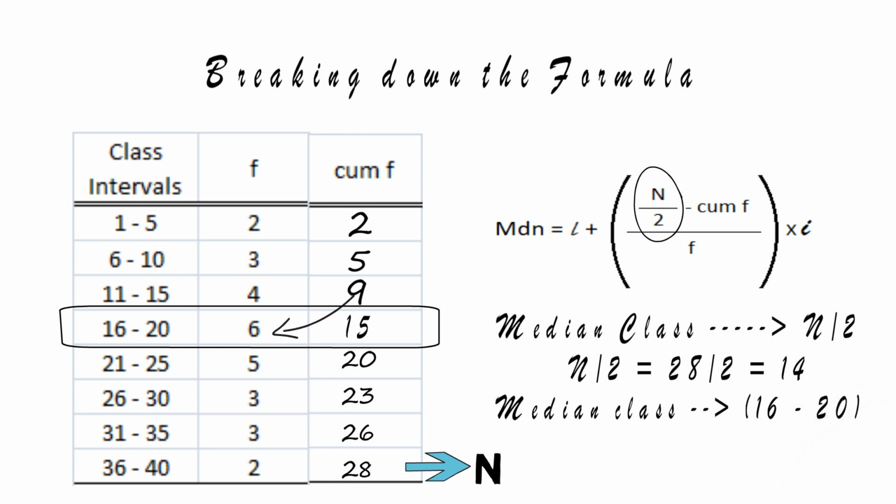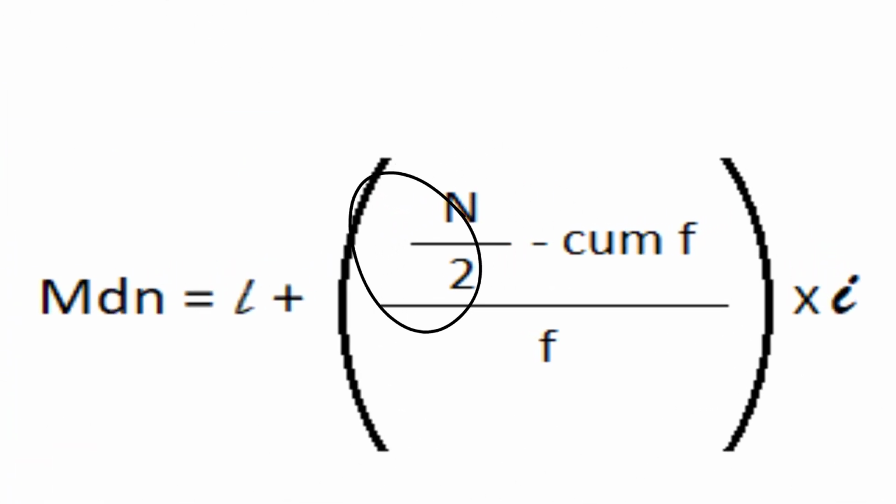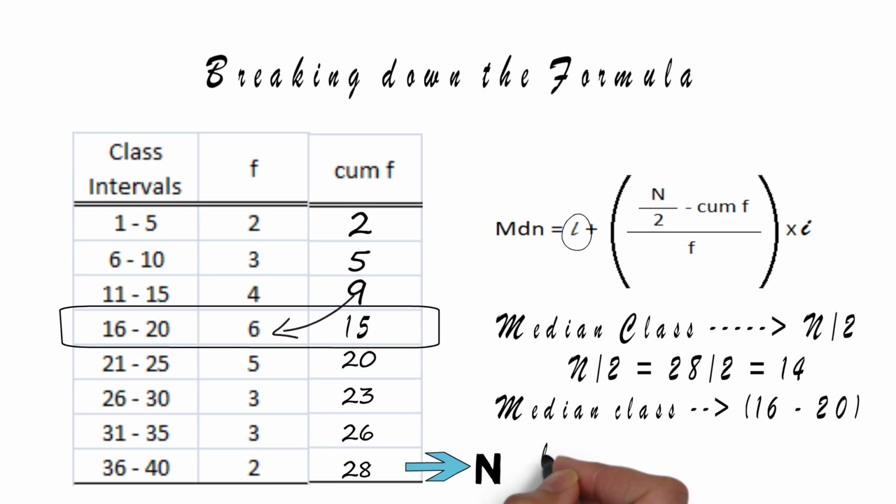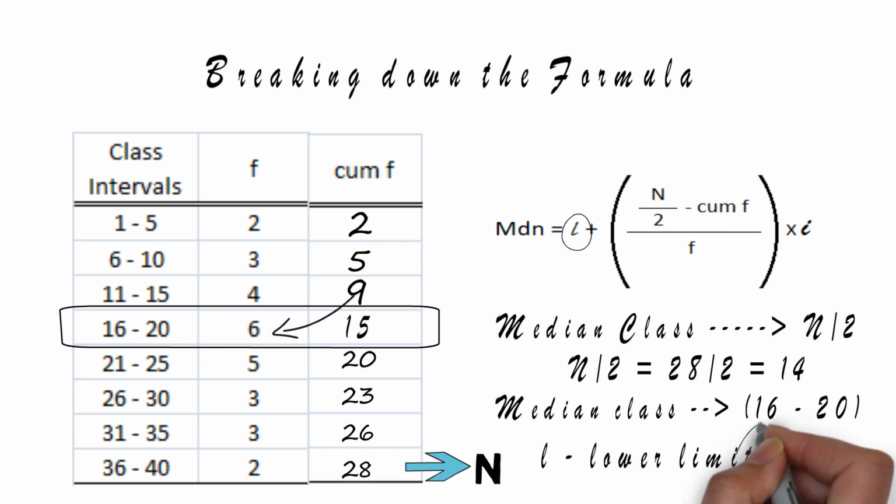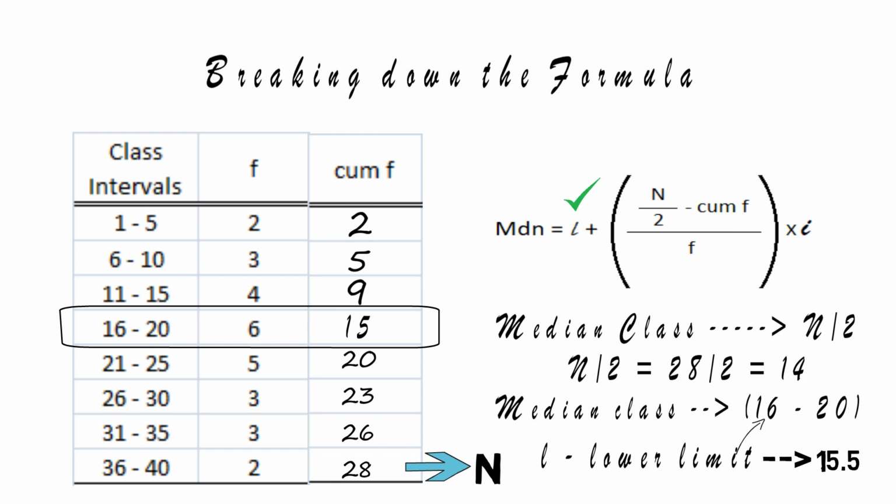Now, the next component, L. L, short for lower limit. Lower limit of the median class, in this case of 16, is 15.5. We have got our L now. We already know the value of n by 2.